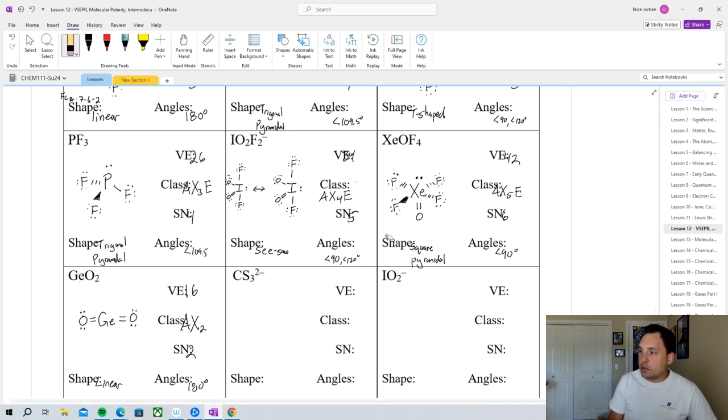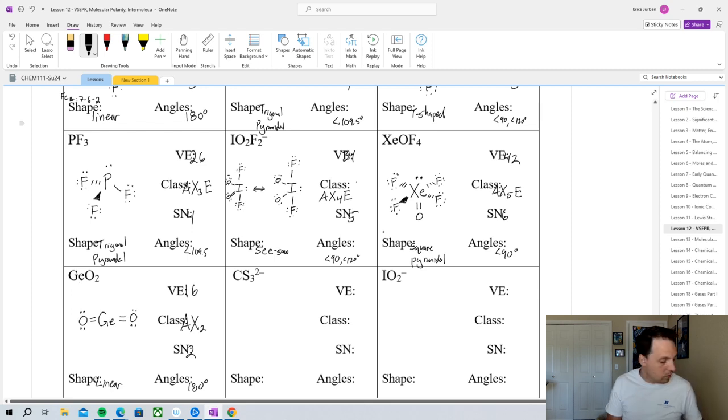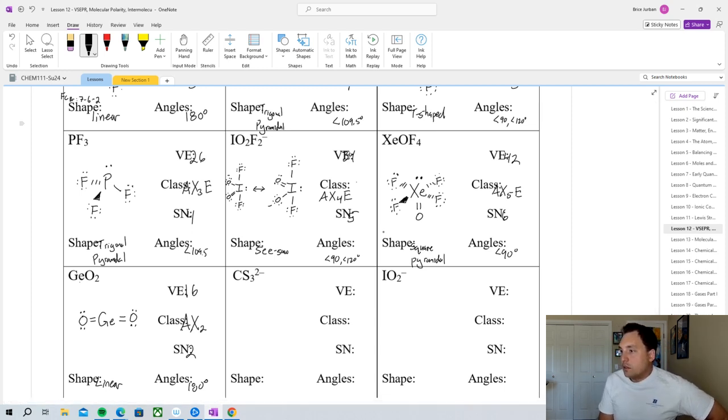Yeah. So this is the more correct structure.